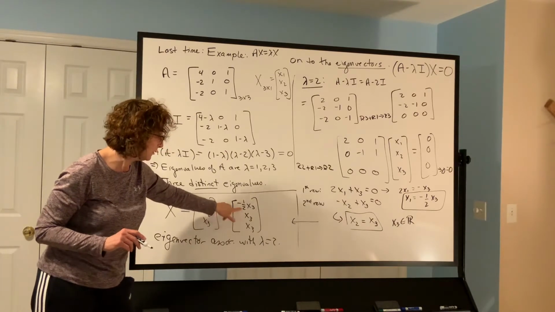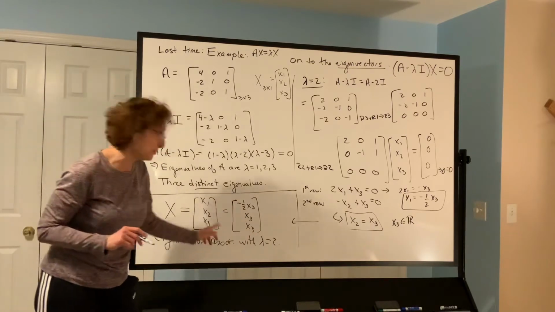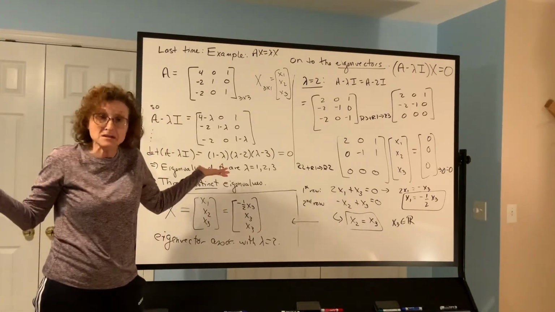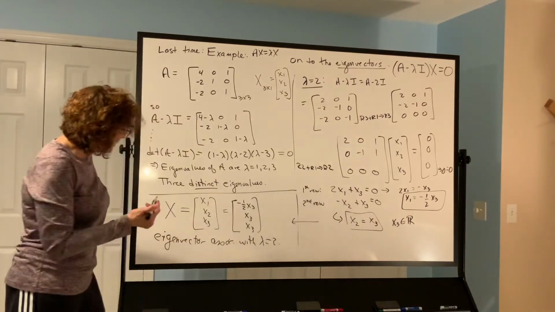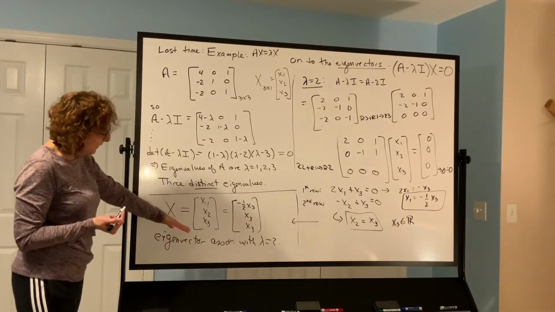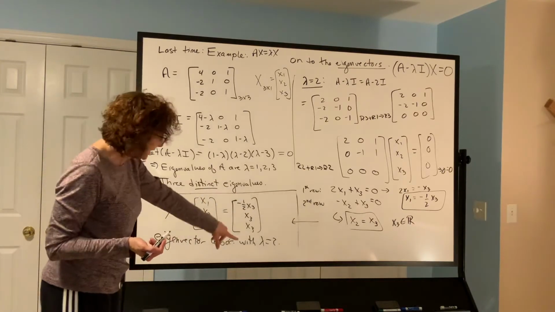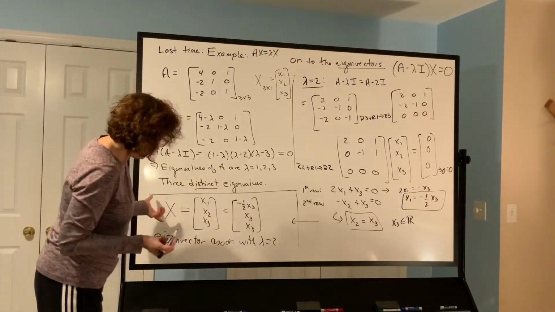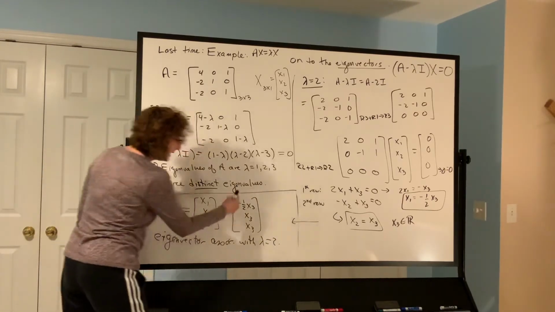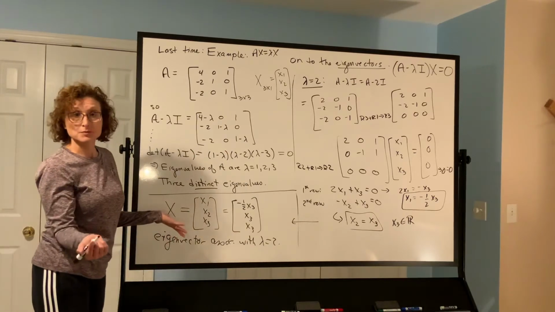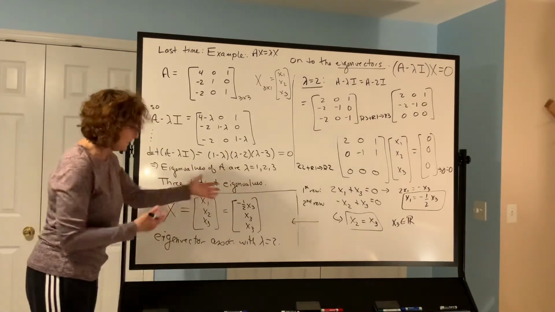I would get minus 1 times the first component, 2 times the second, and 2 times the third, which is way easier than doing the matrix multiplication. So this is the special type of vector that goes with the eigenvalue 2. Again, there are infinitely many eigenvectors, because x3 is any real number.